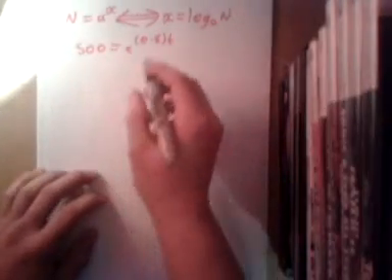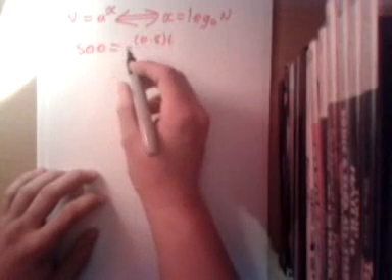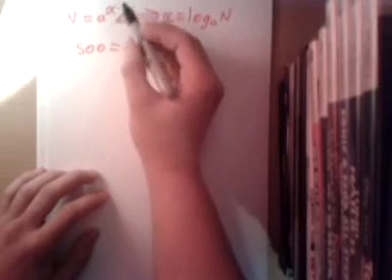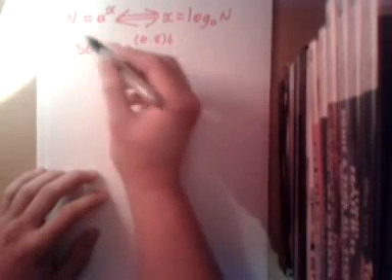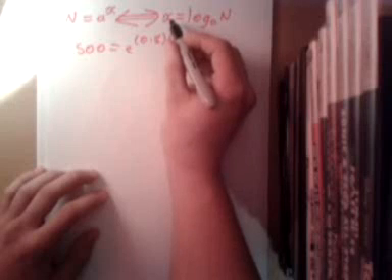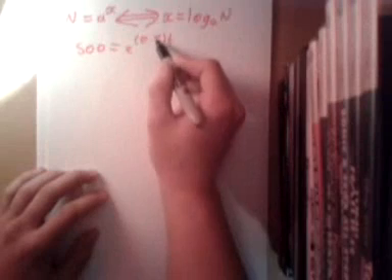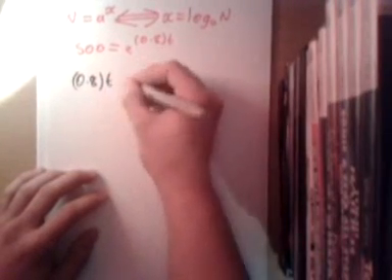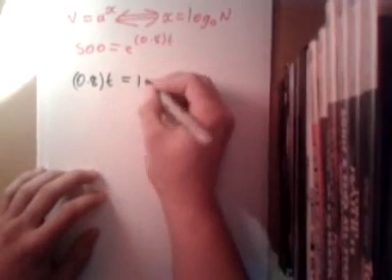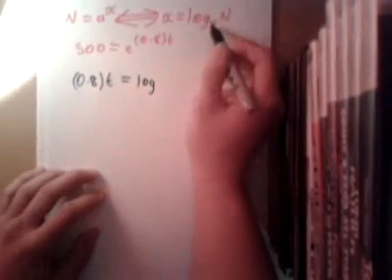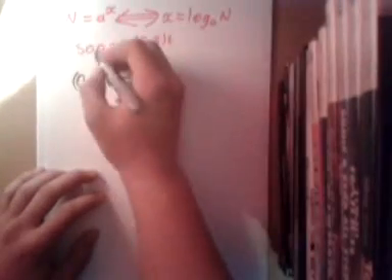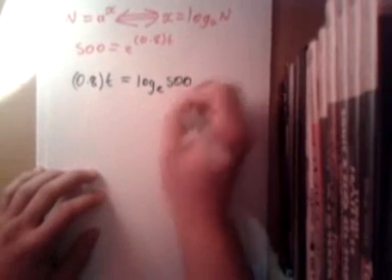The other method is to just interchange these. So what we're doing is, we can see these are completely reversible. So x is the first value. X in this one is 0.8 t. 0.8 t is equal to log a, which in this one is e, n, which is 500.